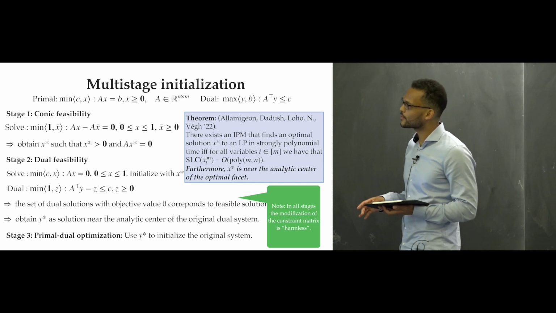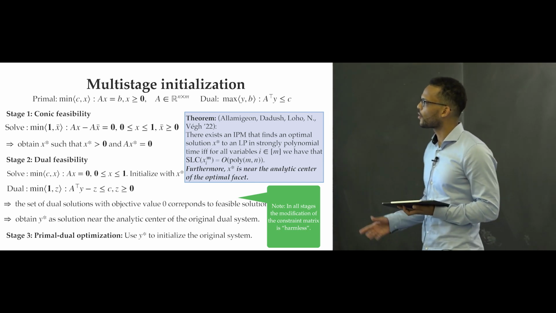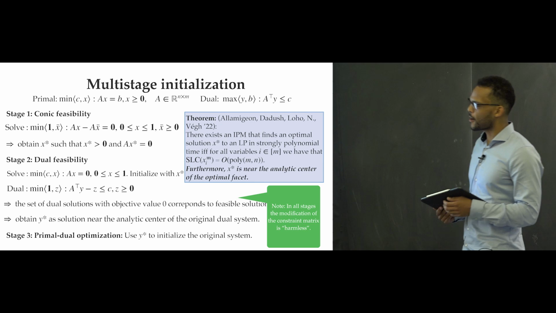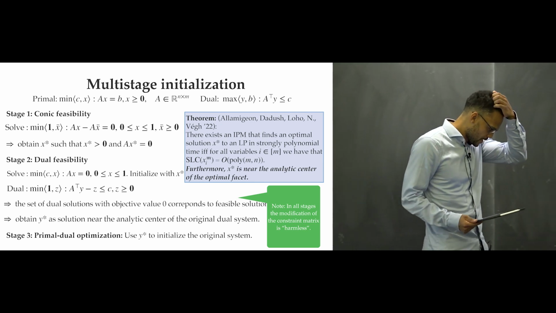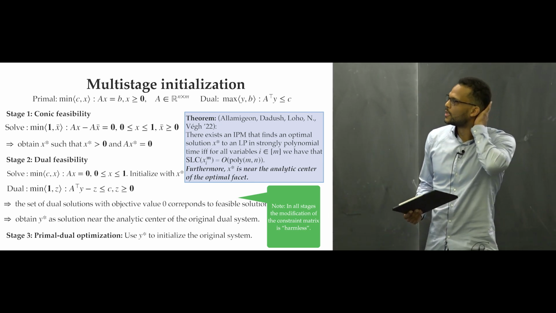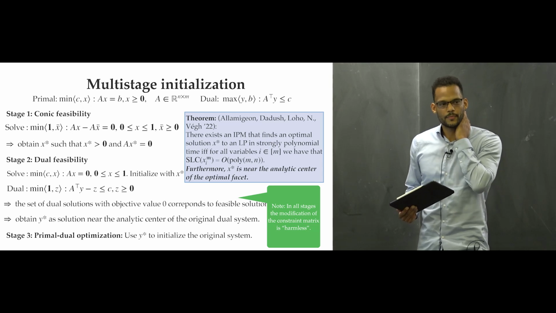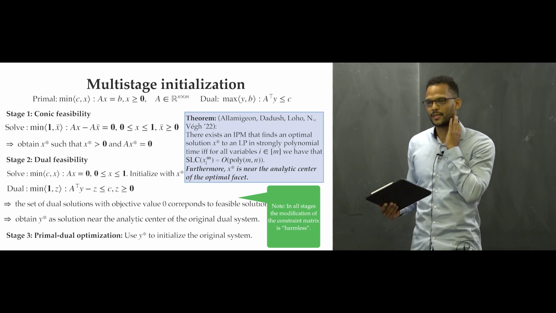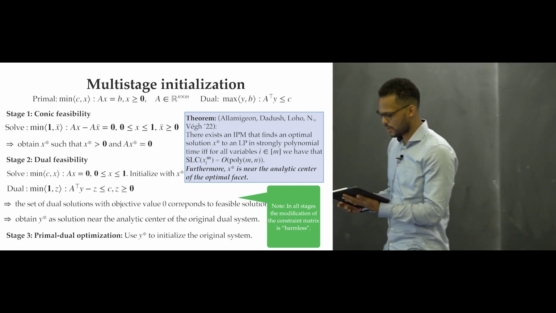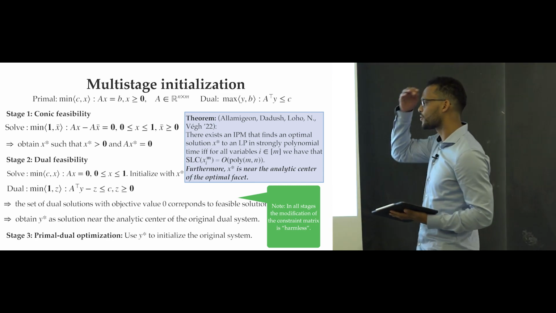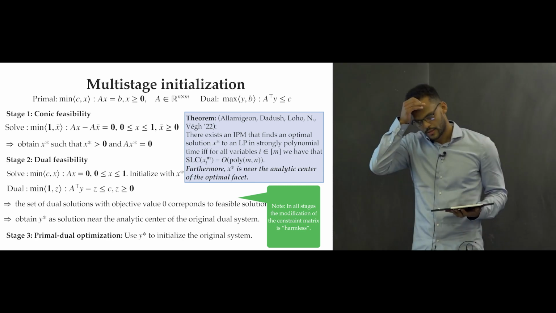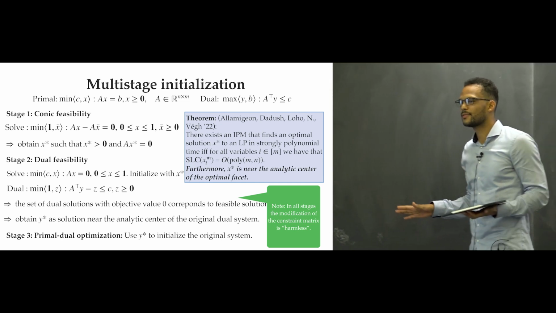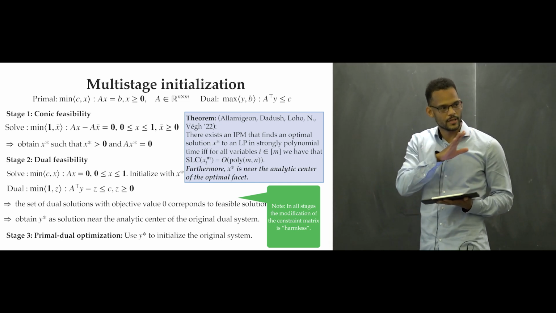So what is the first thing that you do? You solve the conic feasibility problem, which is: find a non-negative vector in the kernel of your matrix with maximum support. That is the first question you want to answer. If you think about min-cost flow, throw away the demands; you only care about a circulation.